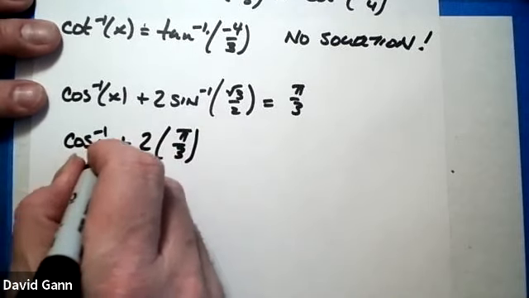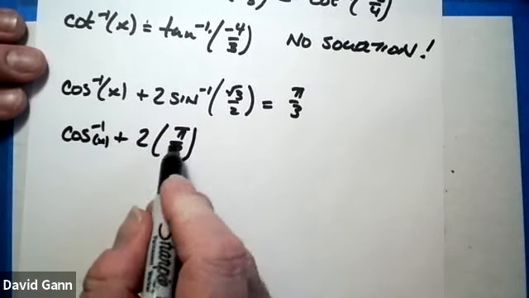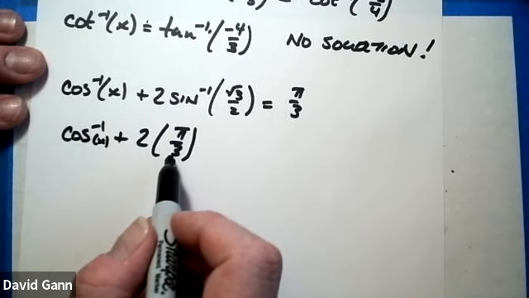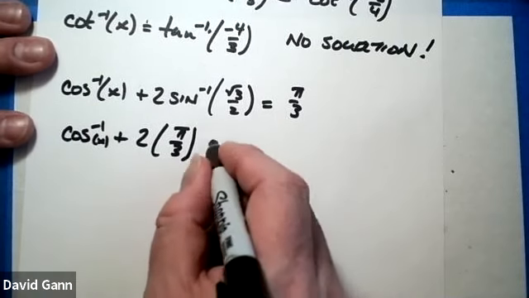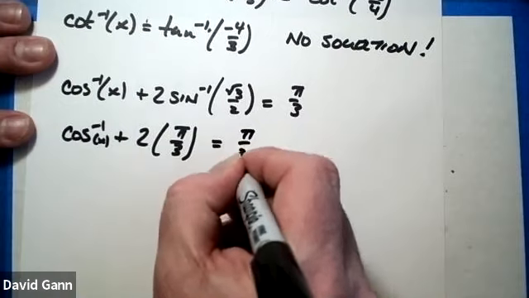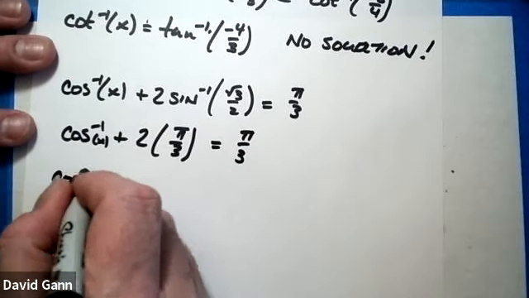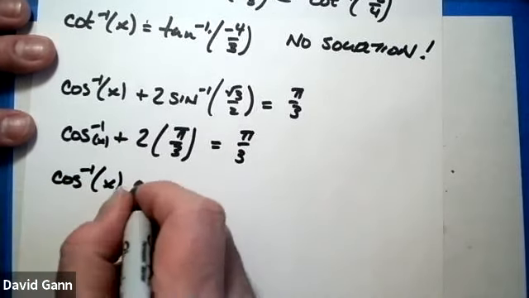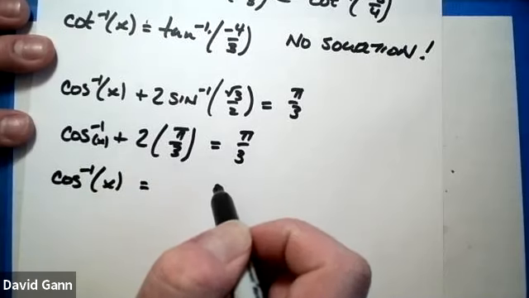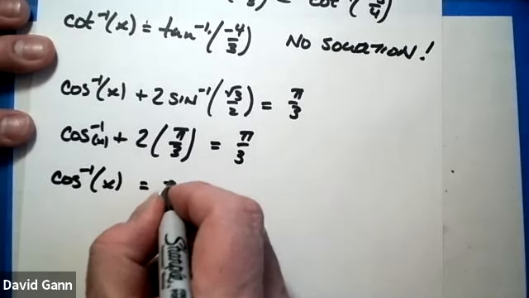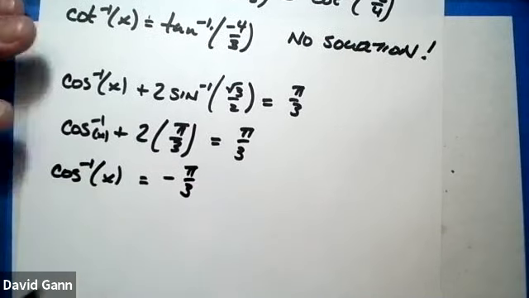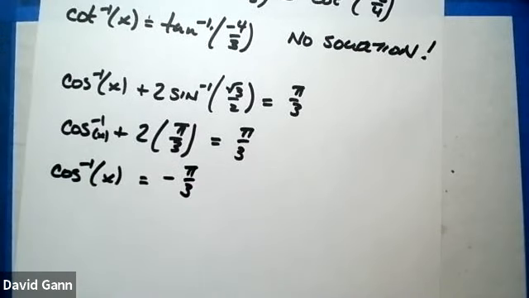Oh, sorry, I got the x there. 2 times pi/3 is going to be 2 pi/3. So now we have inverse cosine of x equal to, well, this is going to be -pi/3, right? Now pause a second, because there is this tendency to now want to take a cosine of both sides.